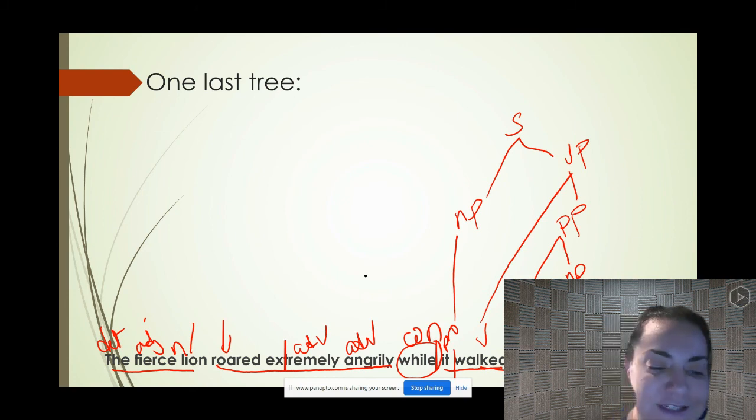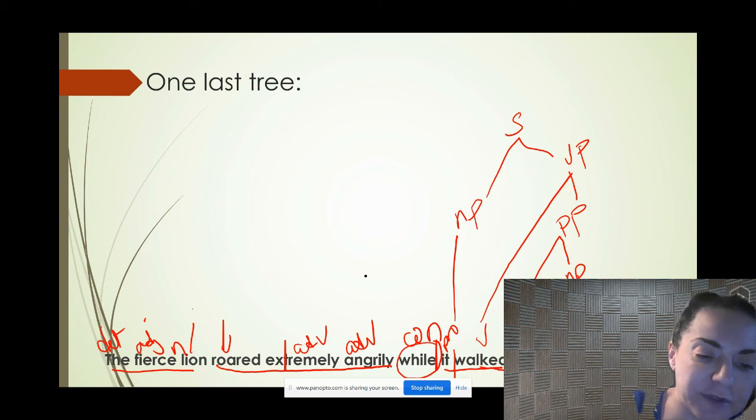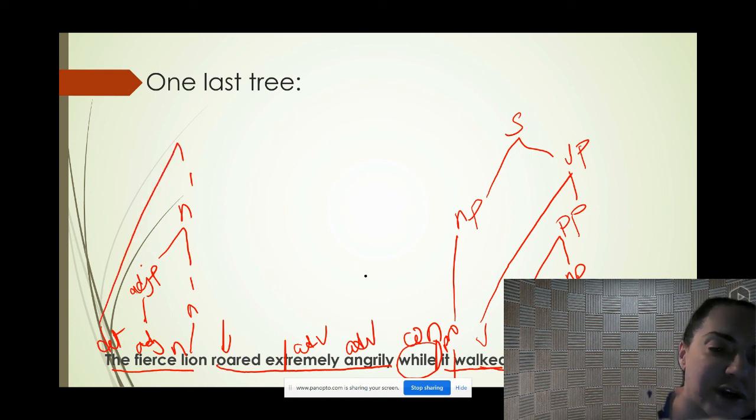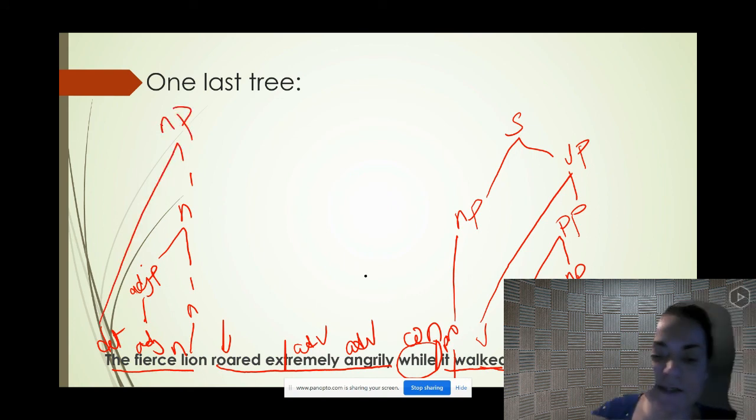Okay, so the fierce lion. We're going to go ahead and bring that up to the N bar. Adjective phrase. Connect those with another N bar. Add the determiner to get your noun phrase.